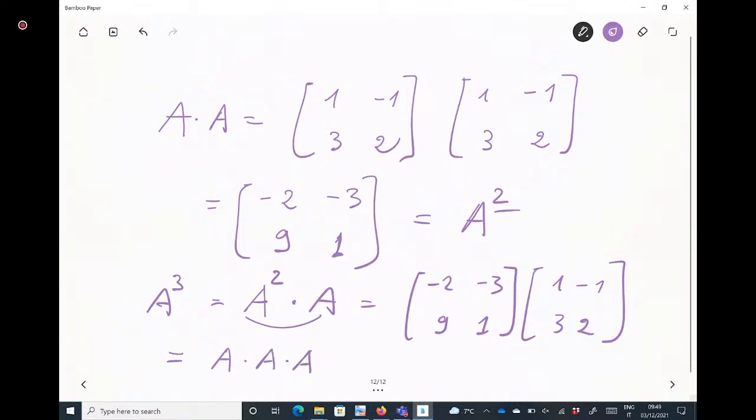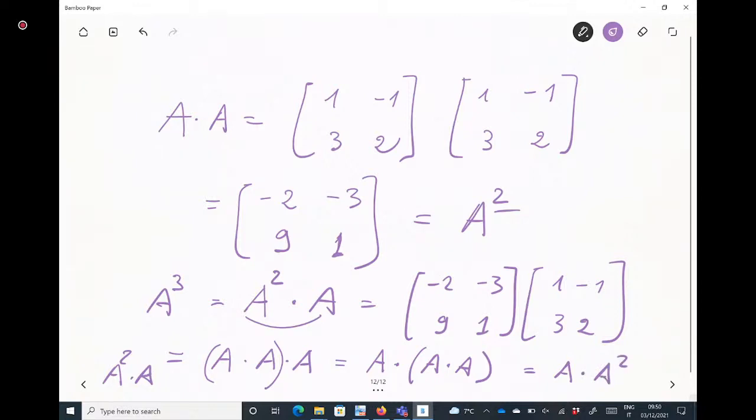The matrix product has a simple associative property. So I can compute A times A first, as I did here, and then times A once again. But I can also compute A times A squared. So basically, A squared times A, which is what I do here, must be the same as A times A squared.